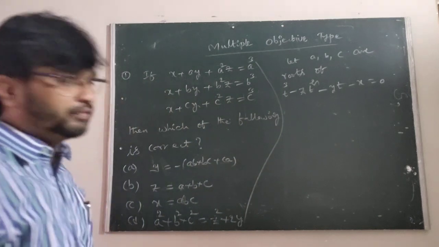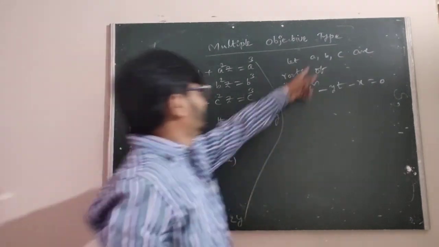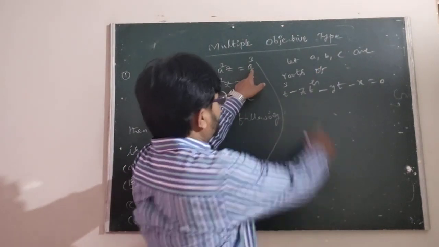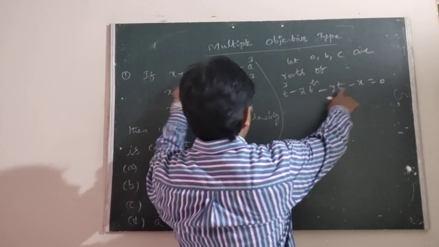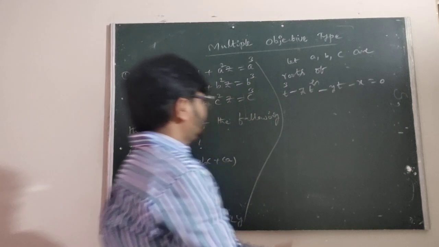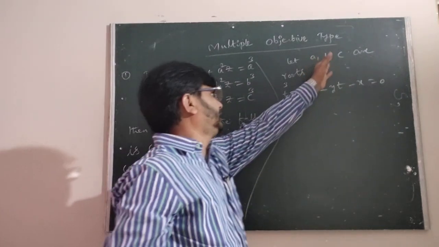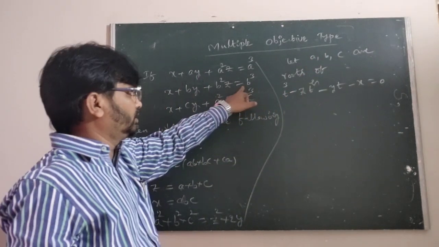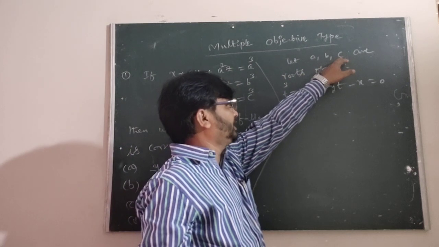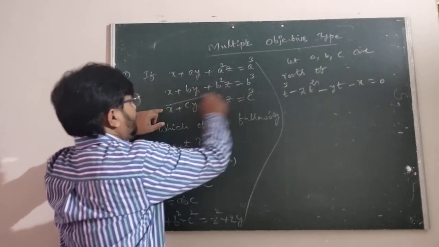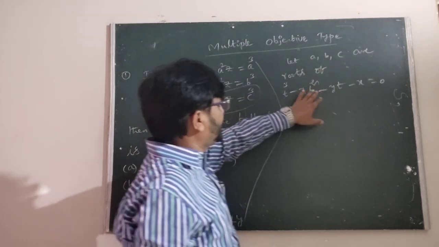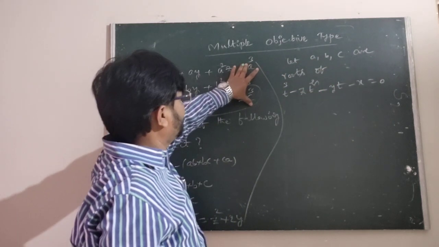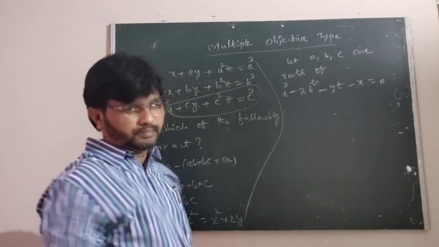If we take t as a, then it will be a cube minus z into a square minus y into a minus x equal to 0. Similarly we replace t by b, and if we take t as c, we get this. So a, b, c satisfy this equation. Therefore we get these 3 equations.